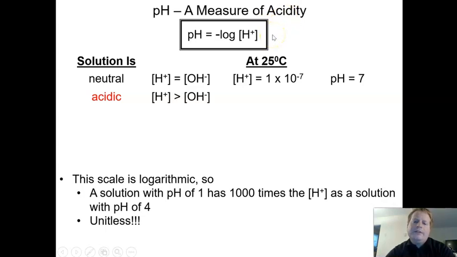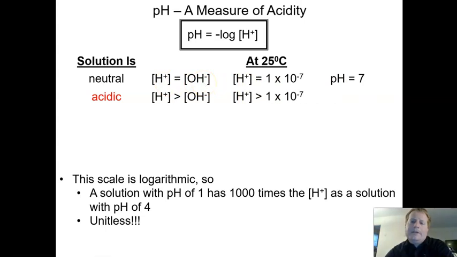So if H plus times OH minus is 1 times 10 to the negative 14, that means that the H plus has to be 1 times 10 to the negative 7, and the OH minus is also 1 times 10 to the negative 7, in order for those to both add up to 1 times 10 to the negative 14. Another way of looking at this too, which we'll get to, is that if you take the negative log of 1 times 10 to the negative 7, you get a pH of 7. And that's because these two are equal at the moment, which is neutral, right?